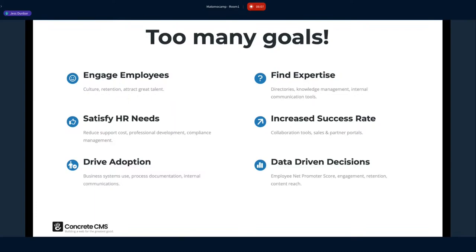Is it for engaging in improving retention and culture, satisfying HR or compliance needs, driving adoption of IT systems, finding knowledge across the organization. Maybe it is sales teams and partners. But the important thing here is making more important data driven internal communication decisions. And you can achieve any or all of these with a really well defined intranet strategy, but most companies simply don't.